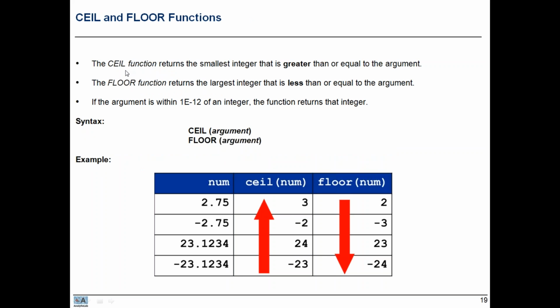It says the ceil function returns the smallest integer that is greater than or equal to the argument, while the floor function gives the largest integer that is less than or equal to the argument. Basically, if I have 2.75, what is the smallest integer greater than this number? 3. But what is the integer which is less than this number and closest? 2. So that's how your ceil and floor functions work.